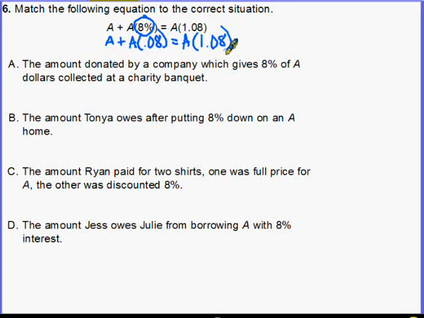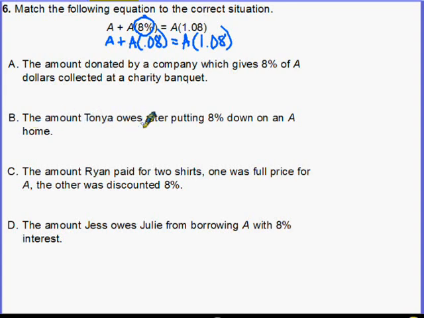Alright? So let's see which one of these situations matches. The amount donated by a company which gives 8% of number of dollars collected at a charity banquet. Okay?